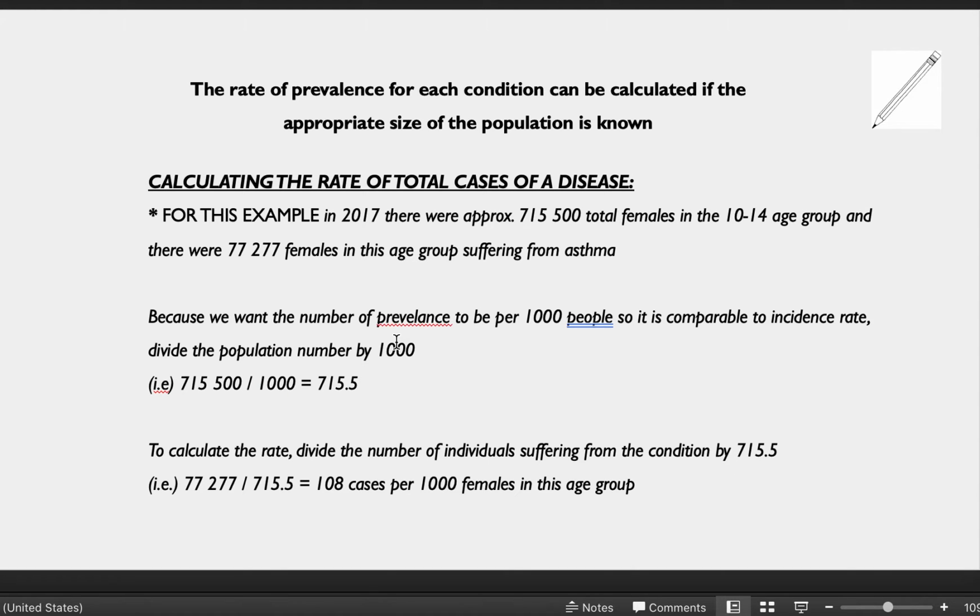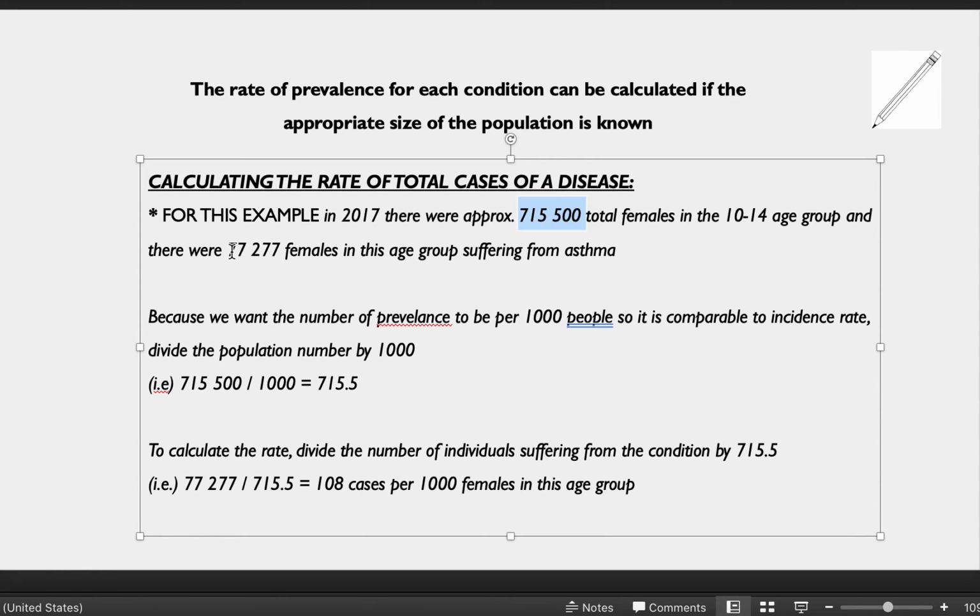So here's an example of some calculations here. In 2017, there was 715,500 females in the 10 to 14 category, and we know that in total there were 77,277 that suffered from asthma. So we know how many females there were, and we know how many, these are new and old cases, that suffered from asthma in that age category.